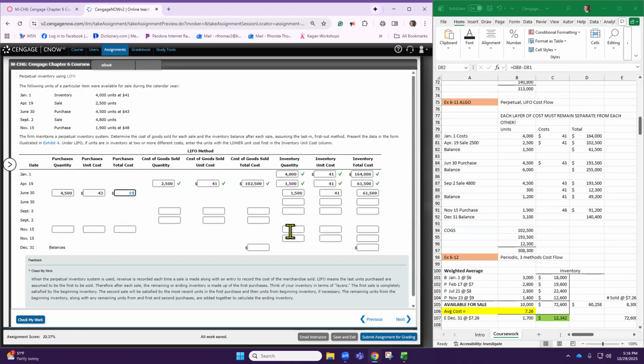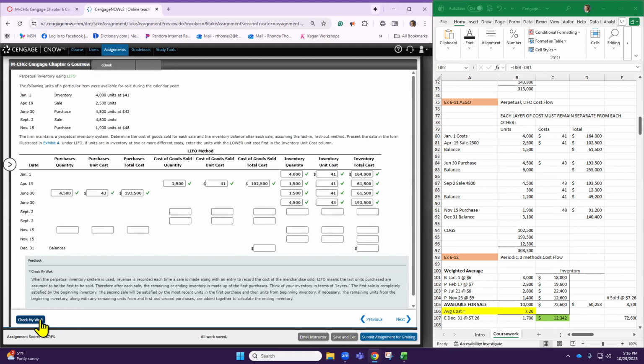Okay, that is $193,500 right here. 4,500 units at $43. Okay, so now we just bring this in as a new layer, $193,500. So now we're getting ready to do our second sale of the year.